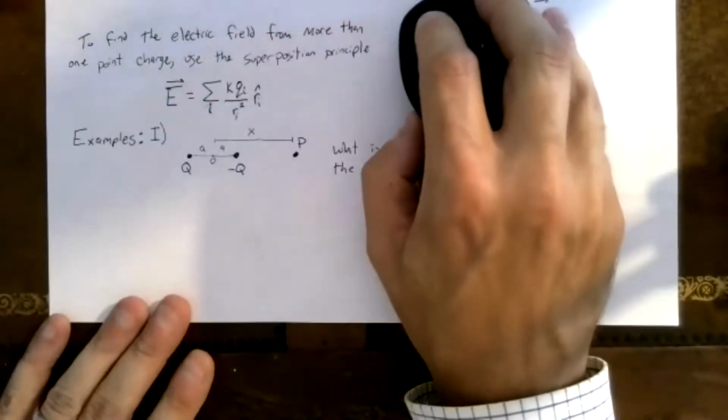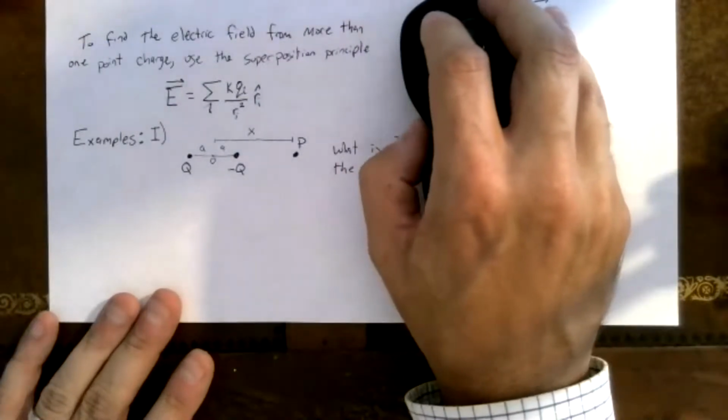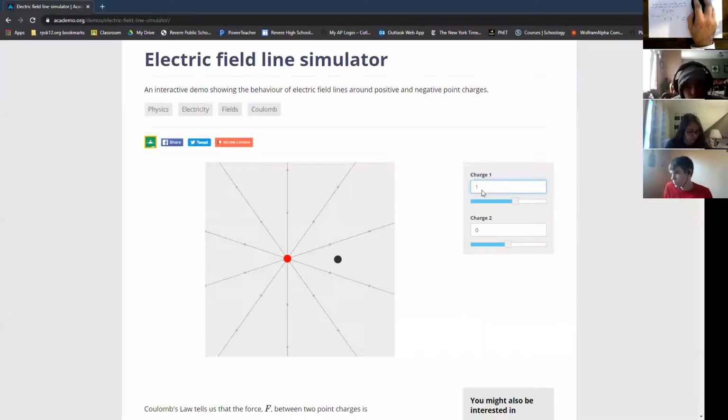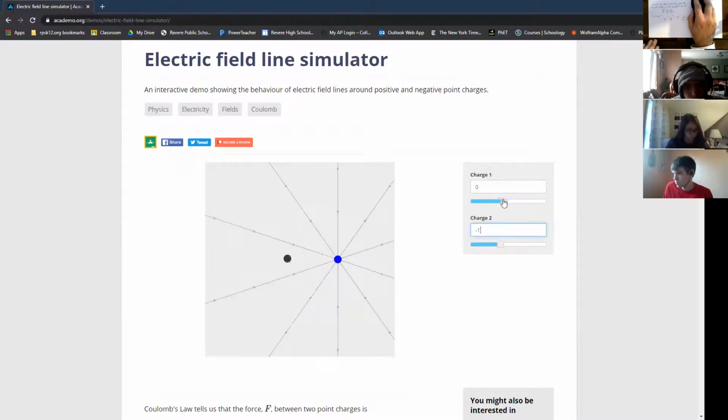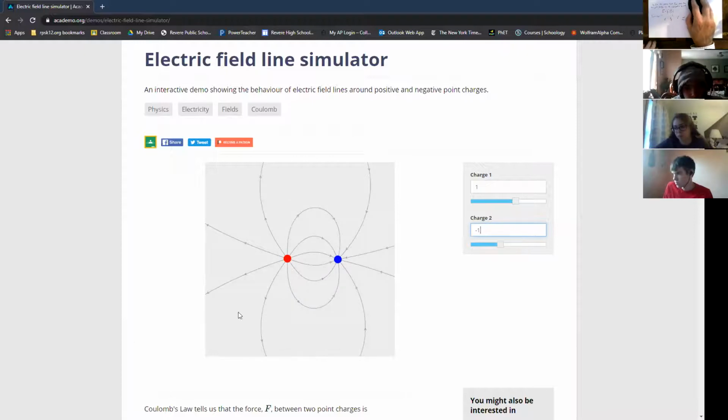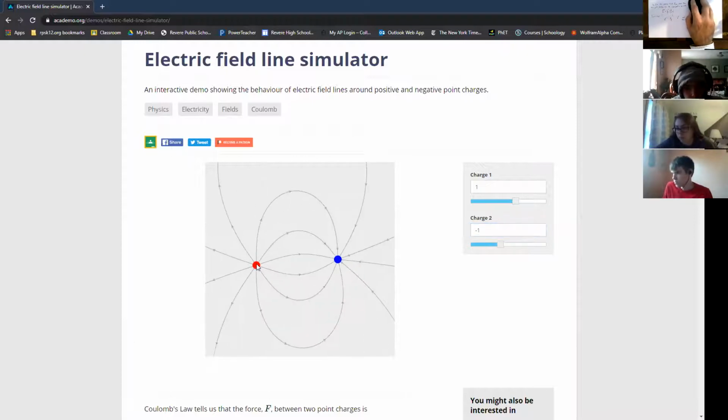If we look real quick before we start this at an image again, what this would represent would be a charge of +1 near a charge of -1, and both of them would have the same magnitude. So the electric field of these two charges is going to look something like this.